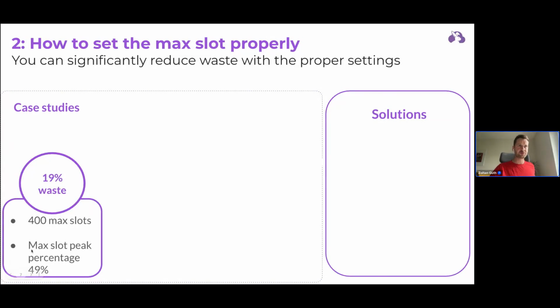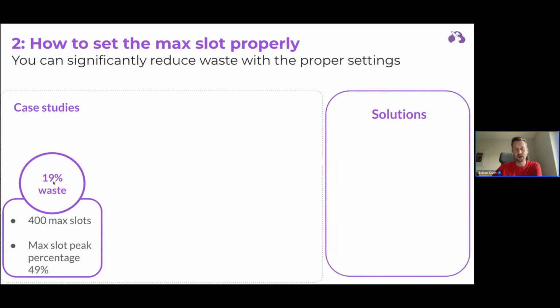So for one reservation, you can see here the max slot setting is around 400. And if we check how many times during a month the reservation is peaking at the max slot, you can see it's around 50%. So half of the time, the reservation is using all of the 400 slots that are set for this reservation.